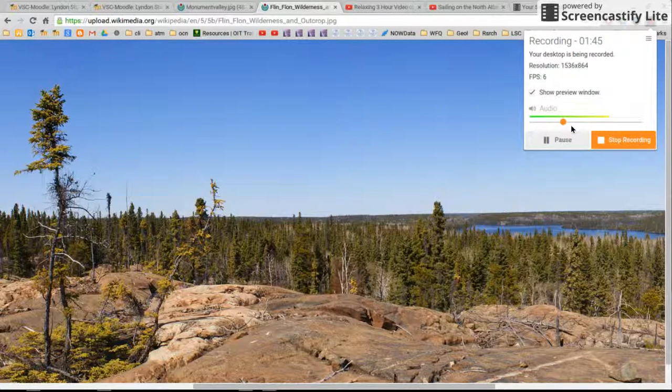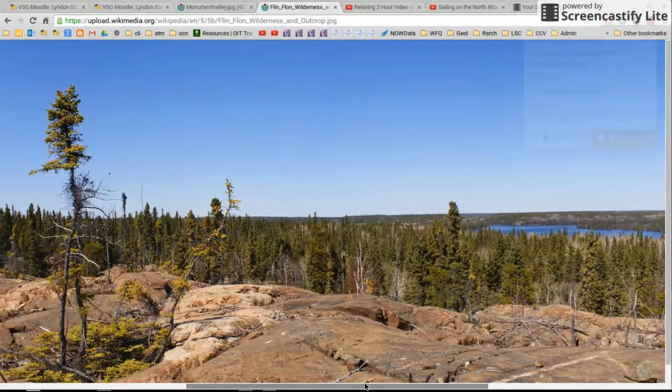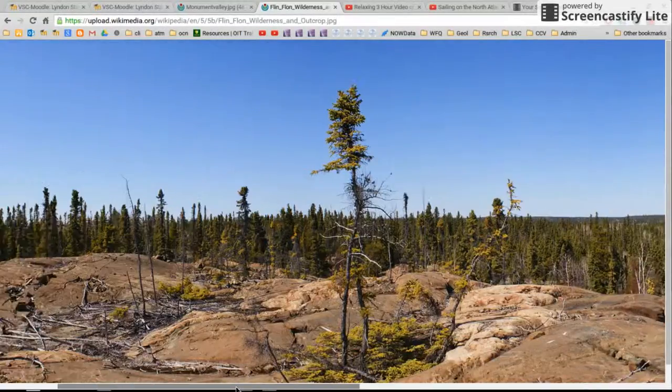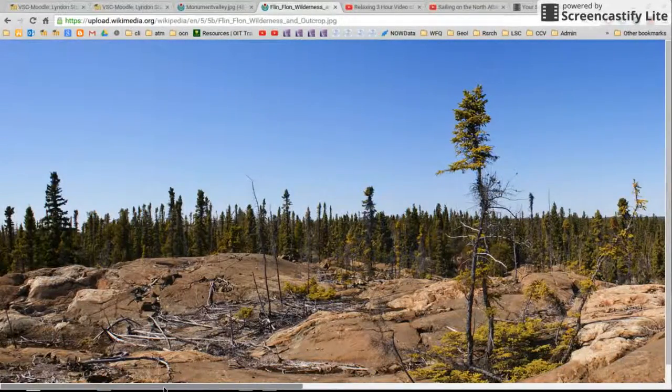The other continental air mass that we deal with is the continental polar air mass, which basically develops over the boreal forest of Canada, which looks something like what you see here. It's actually from Flin Flon, Manitoba, in northern Manitoba. And over here you can see it's made up mostly of rock and forest, mostly rock that's bare. That tends to be very dry.